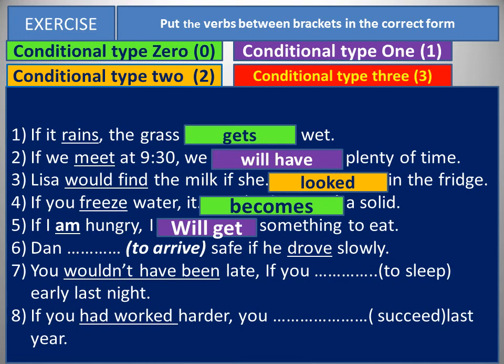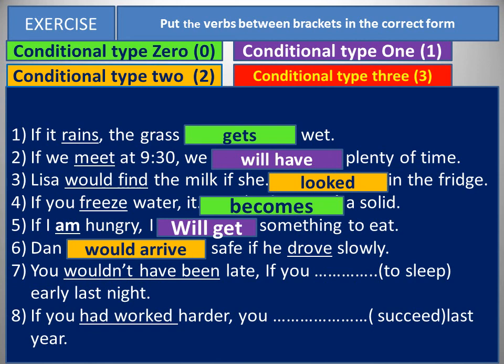So it is again here conditional type 1. Okay, it's already shown. Dan would arrive safe if he drove slowly, which is of course conditional type 2.